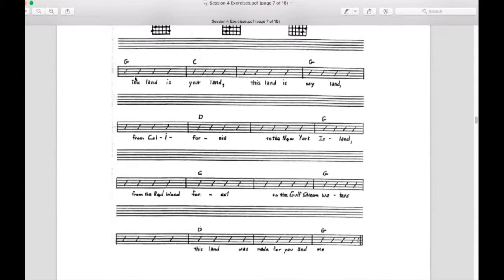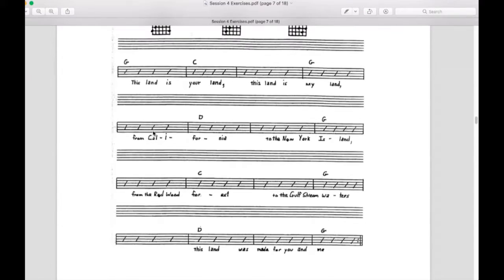So at first it goes 1: this land is your land, this land is my land. So that's a 1, 4, 1, right? 1, 4, 1. Now we get 1, 5, 1 from California to the New York Island, back to 1, right?